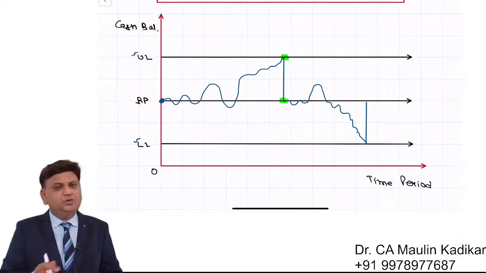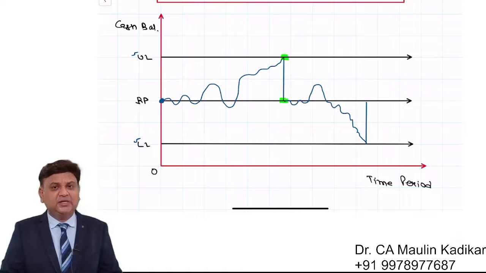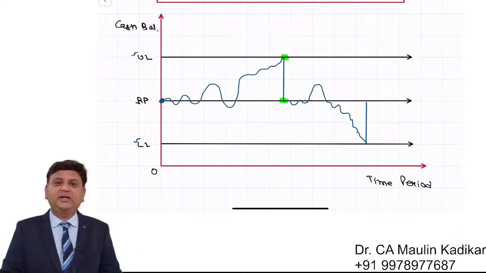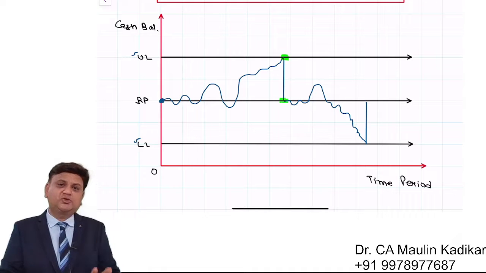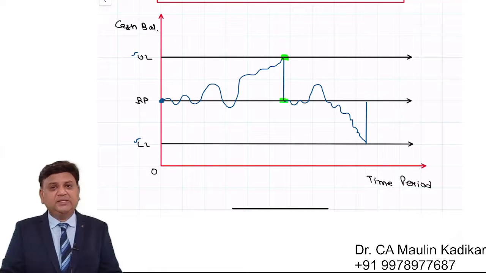You have to check, do you have the liquid securities balance? Yes, redeem it. If no, then you will arrange the funds from some other source of finance to bring the balance to the return point.